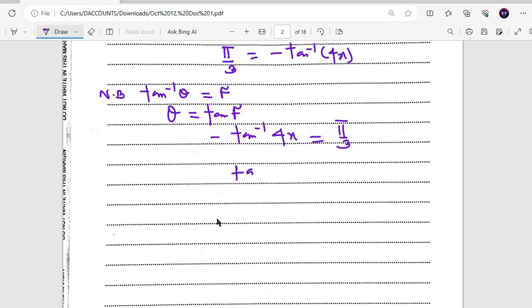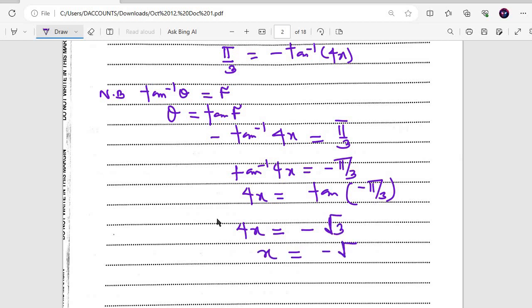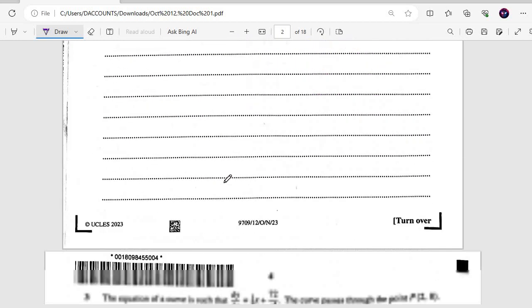First, take the negative to the other side, so negative pi over 3. So 4x equals tan of negative pi over 3, and checking your calculator, that gives negative root 3. So the value of x is negative root 3 divided by 4. That is the exact solution of the equation.